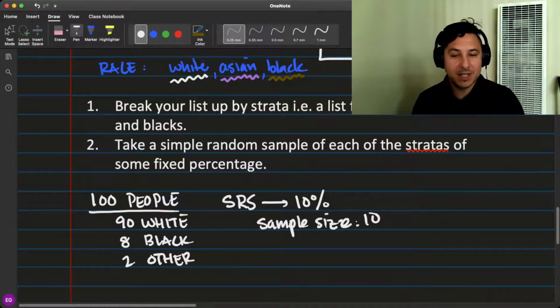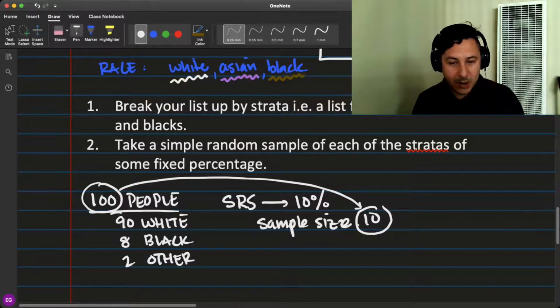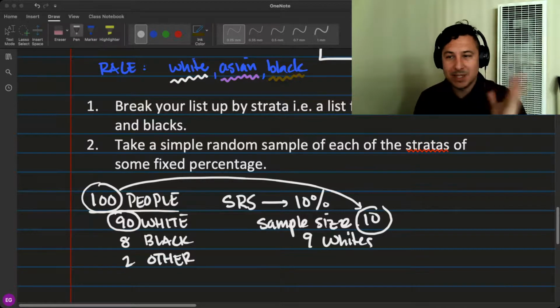So, okay, wait. There's 100 people, and you're going to choose 10% of them, which means you're going to get 10 of them. So, we know that 90% of these people are going to be white. What's 90% of 10? 9. There we go. So you're probably going to end up with 9 whites, which means how many non-white people are you going to end up with? 1 more. Now what's the problem?